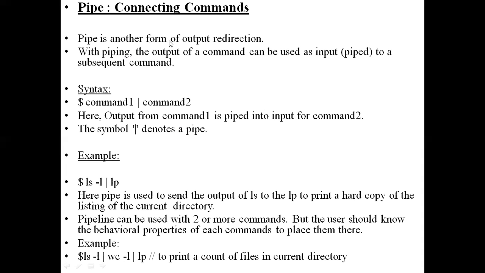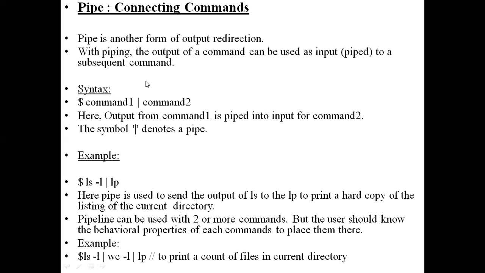So pipe is another form of output redirection. You cannot make use of this for input redirection. It is just like output redirection as we saw in the standard output. That means the output of the first command is given as input to the second command. With piping, the output of a command can be used as input or piped to a subsequent command. Subsequent means the next command.